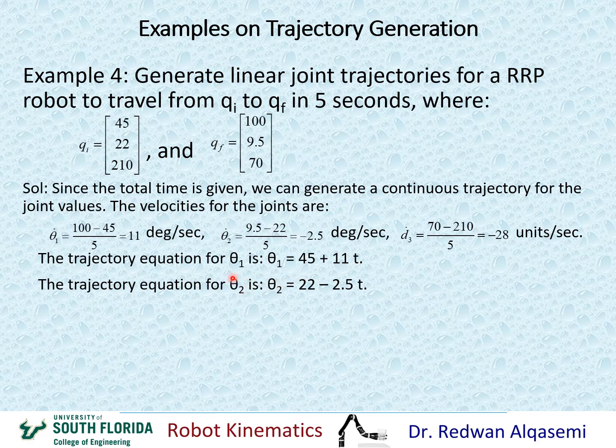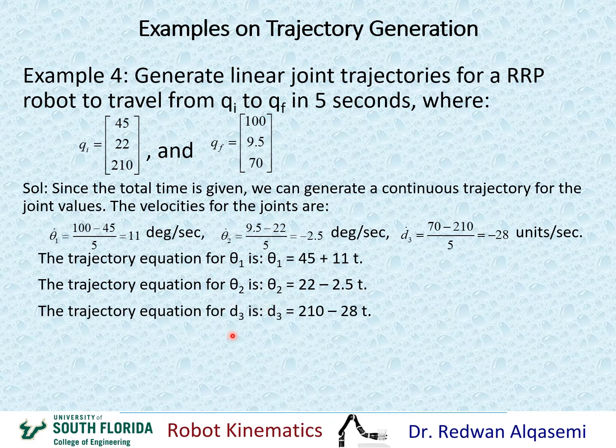For the second variable, theta 2 equals theta 2 initial, which was given here, 22, plus theta 2 dot, which is negative 2.5, multiplied by t. So the equation for the trajectory of joint 2 would be 22 minus 2.5t.